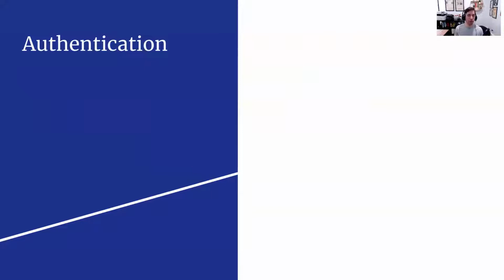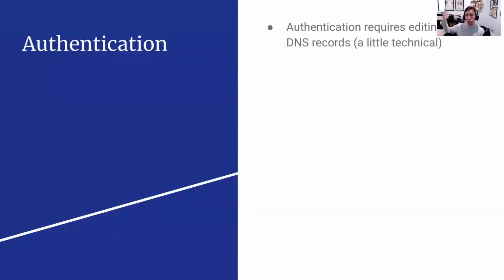So for authentication, when you get a new domain and you need to set up your emails, you need to set up things called DNS records. The MX records are related to mail sending, and there are others, like the A records, which are related to your website and things like that.